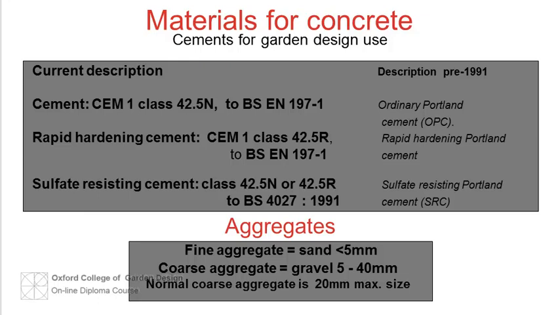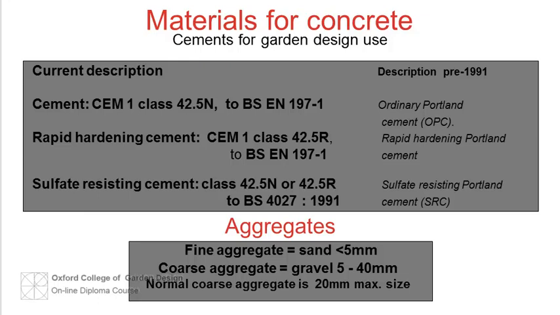Rapid hardening cements gain strength quickly during the first few days, although its final strength is no more than normal cement. It may be useful in allowing light vehicle traffic onto the drives within a few days of laying, or for grouting in cobblestones.